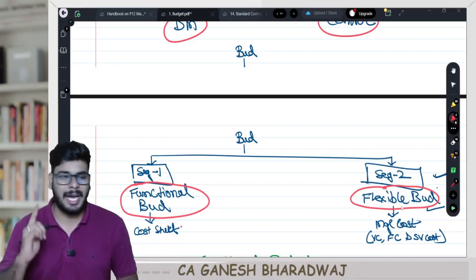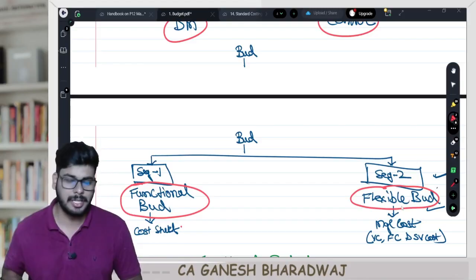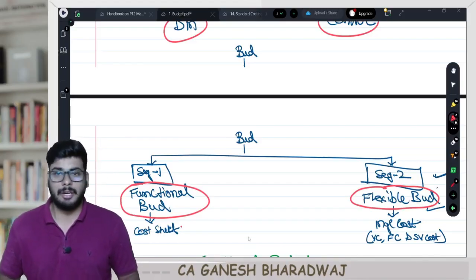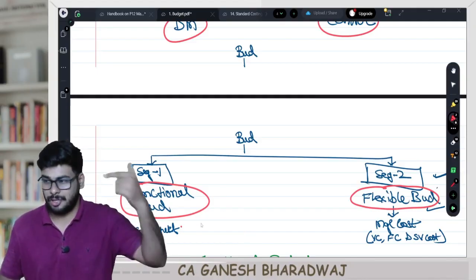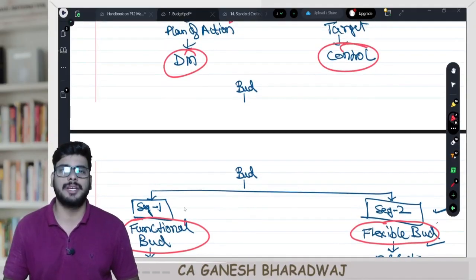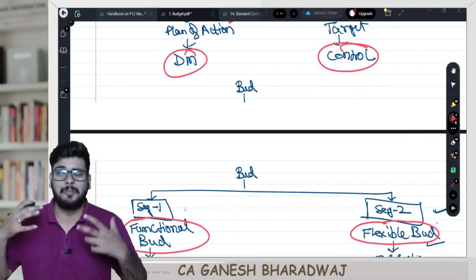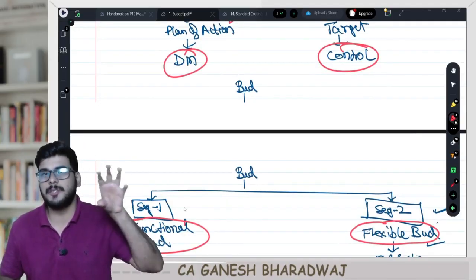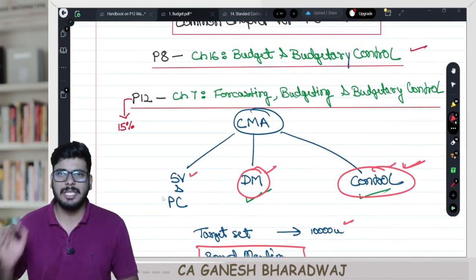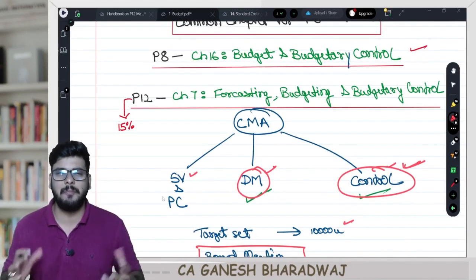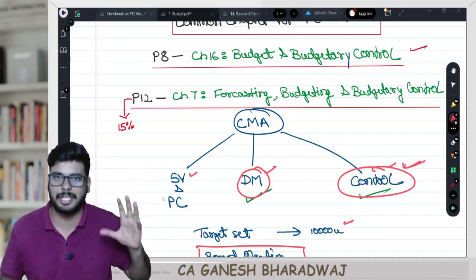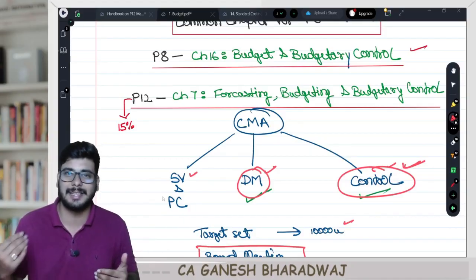Now, guys, I have even told this in a regular batch, which I'm telling once again in this revision marathon series. If I were a student, I would always revise or prepare really well on this particular chapter, budgets, especially in paper 12, because in terms of complexity, this is the least complicated chapter, or in other words, it's slightly easier than the other chapters.